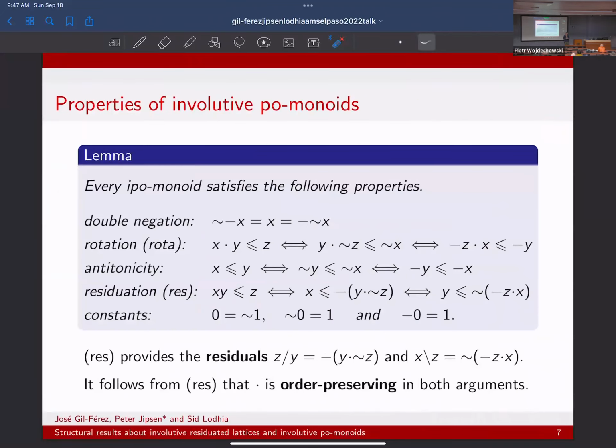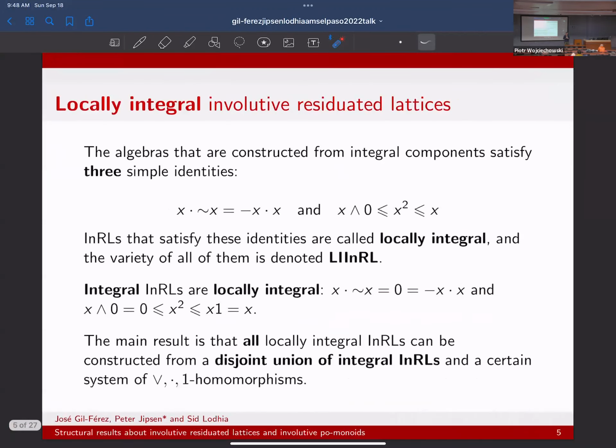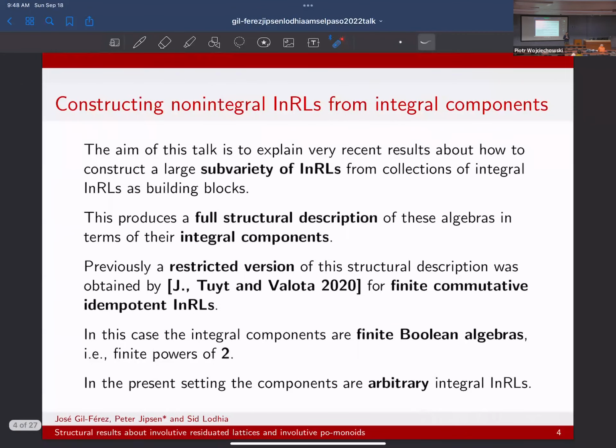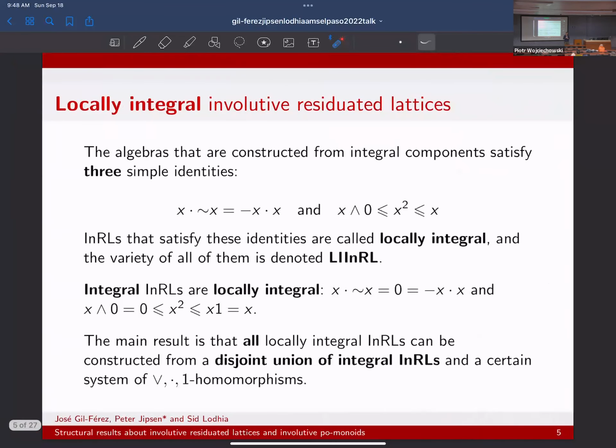Here we have, first of all, an observation. This was the last slide that I went over. So here's the next slide. We have this concept of locally integral involutive residuated lattices. These are algebras that are constructed from integral components by 3 simple equations.